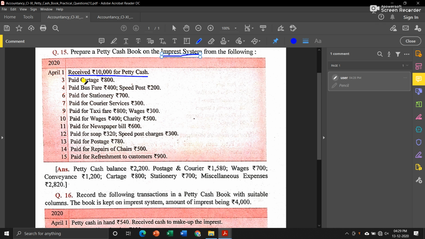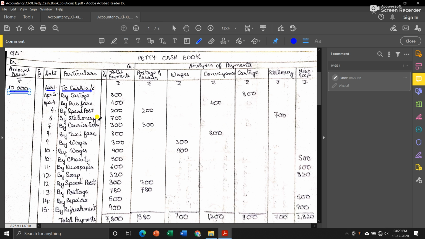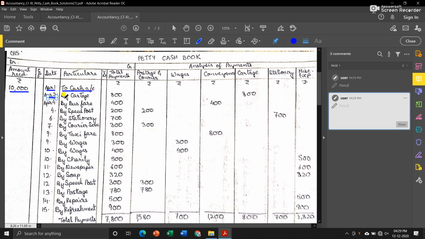Next, on April 3rd we paid cartage of rupees 800. So we will write 'By cartage'. We will not write 'account' as we used to write in the cash book. This is the petty cash book, and we write only the name of the expenditure we have made, in this case cartage. We write 800 in the total payments column, and out of the remaining six columns we see which one cartage belongs to.